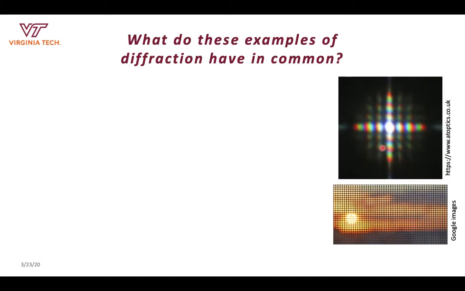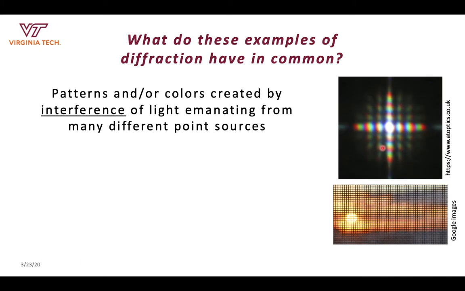Okay, so what do all these examples have in common? I think I've kind of beat on it, but let me just try to summarize. The patterns and or the colors that are created in these cases is due to the interference of light that is emanating ultimately from many different point sources, and that's caused by the physical structure that's creating that.